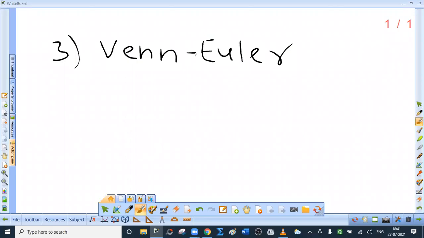Some pronounce this as Euler, some pronounce it differently. In an Euler diagram, a set can be represented by a closed geometrical figure like a circle, a triangle, a rectangle, etc. In fact, in some cases you can use an amoeba shape because it is a closed figure to represent a set, but usually a circle is used to represent a set. Such a diagrammatic representation of a set is called a Venn diagram. The points inside the figure represent members of the set.